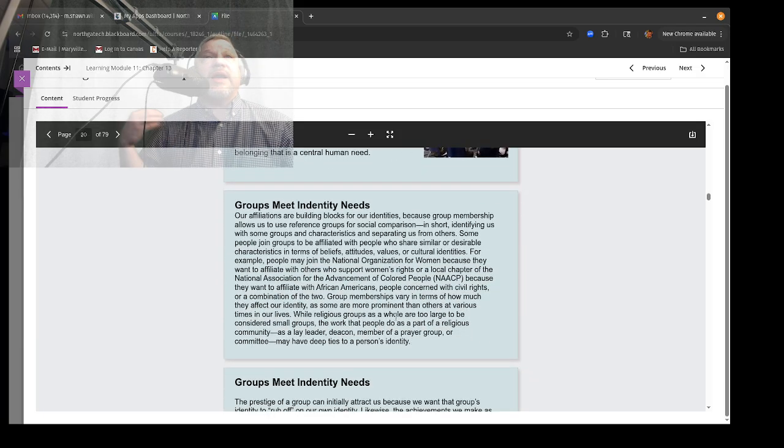Groups meet identity needs as well. We look for things that we can belong to, that we identify with, that we want to be a part of. I told you earlier, the National Rifle Association was one of the ones that I have been a part of for years. I also have joined various freedom of speech groups throughout my lifetime, because I feel like that's another constitutional right that's very important.